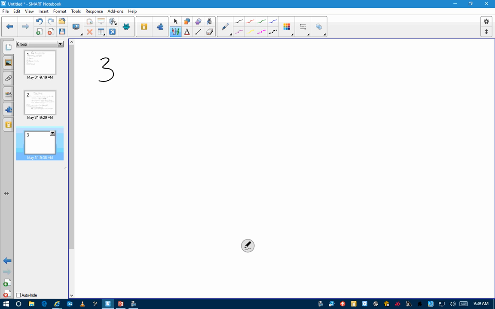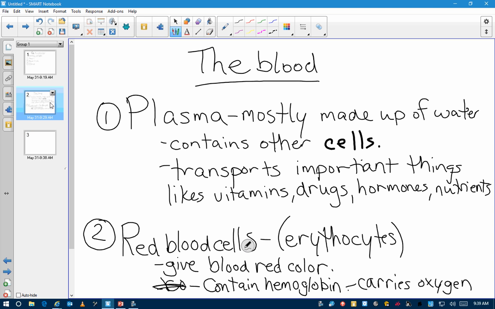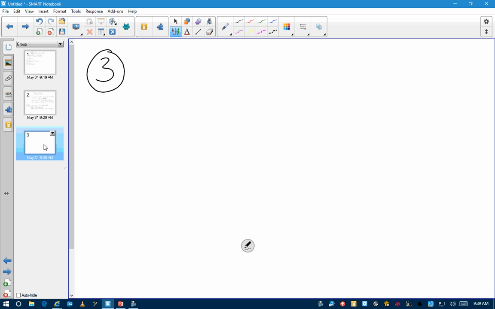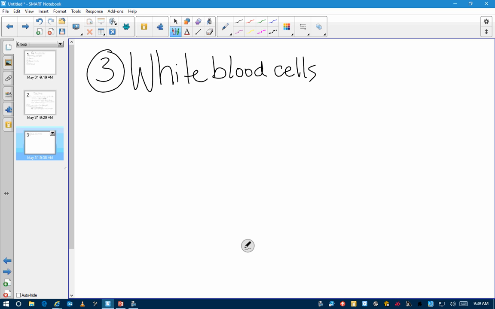So the third thing in blood, so the first two, plasma and red blood cells. So I heard you guys already say white blood cells. Okay, so do we know what those are for? Fighters. They are the fighters.